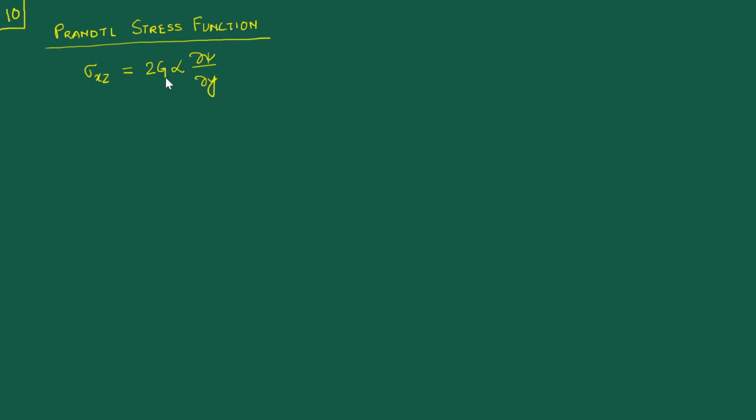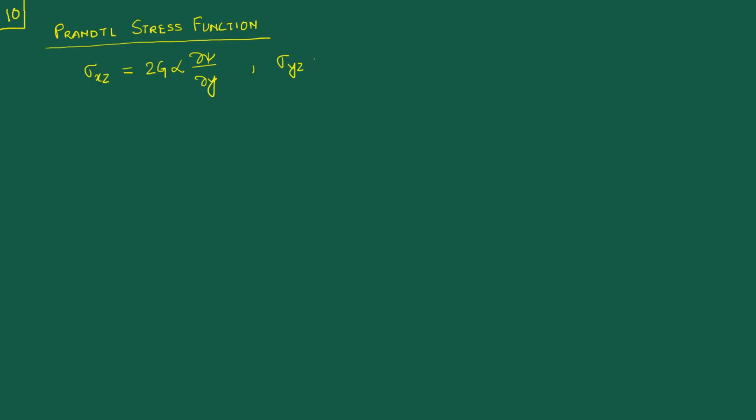Twice G, where G is the shear modulus. Alpha is the same alpha that we had been discussing in the previous videos, that is the twist per unit length. And this psi that we are looking at here is the stress function.